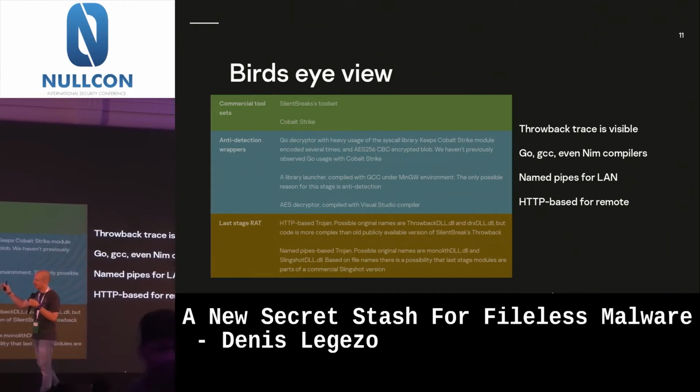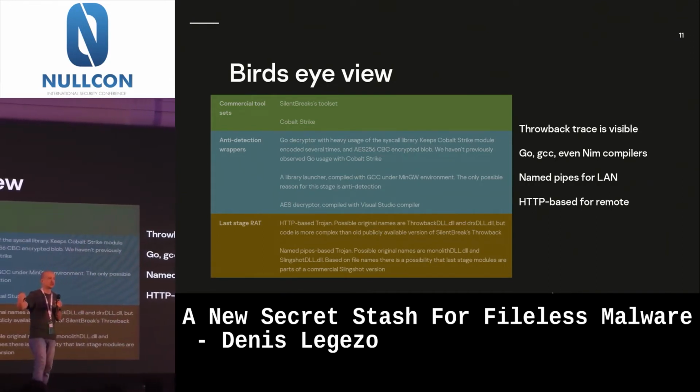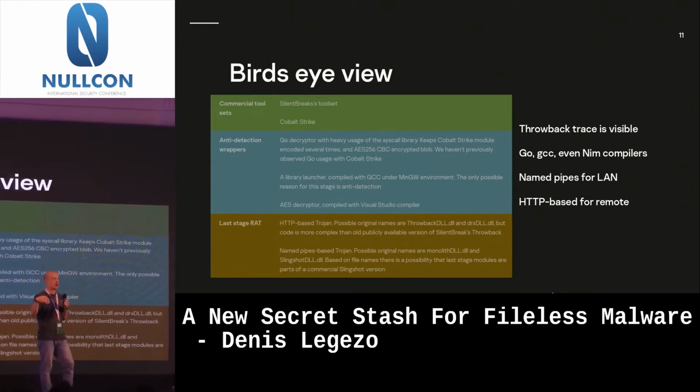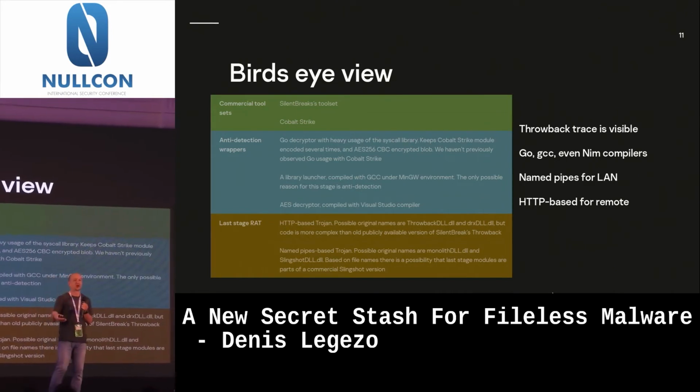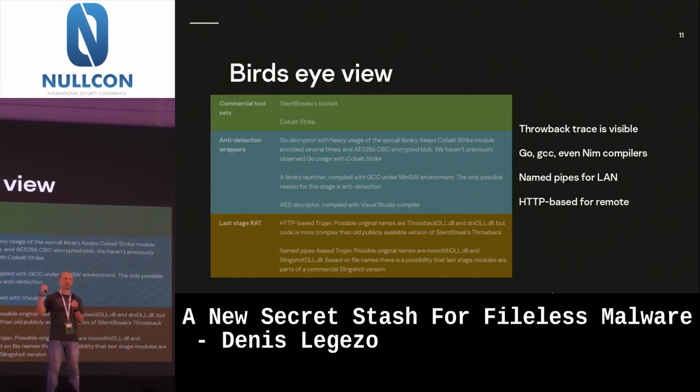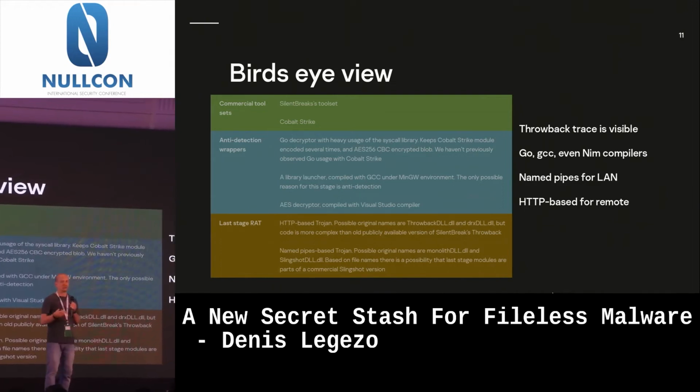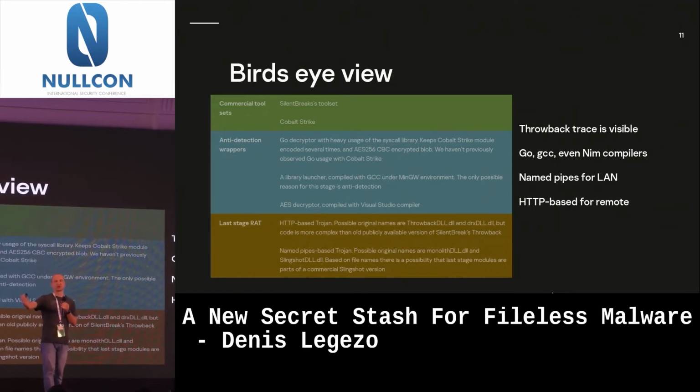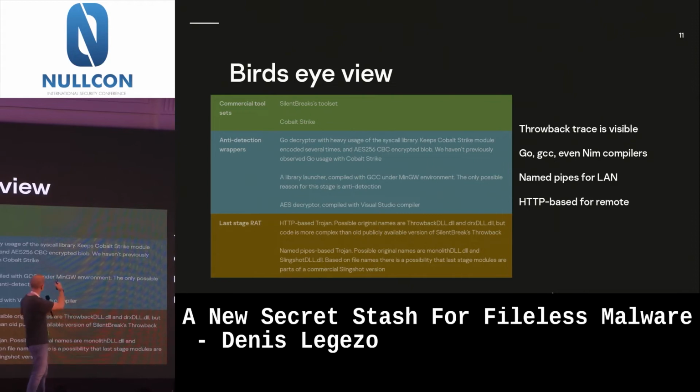And we see this throwback.dll, with the same encryption algorithm in the modules during this campaign. So I'm quite sure we are looking at some code from guys who got access to the same source code data. That's why I could think about SilentBreak.